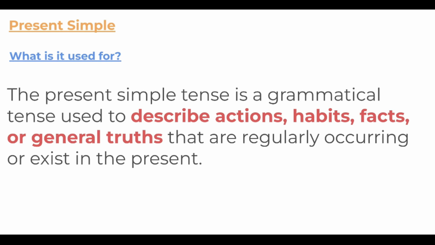We use the present simple to describe actions, habits, facts, or general truths that are regularly occurring or exist in the present. So, as we said, the present is now, something that's happening. We'll go through each of these in its own section so you can see some examples for each.